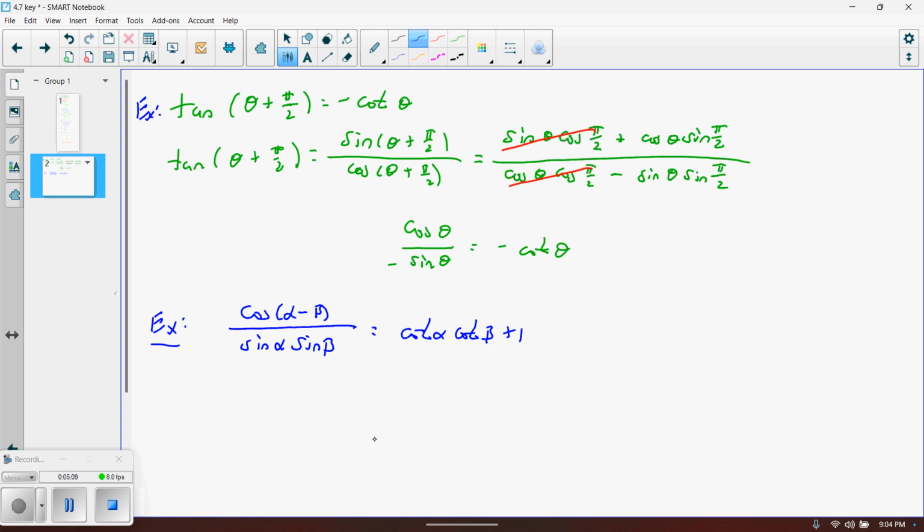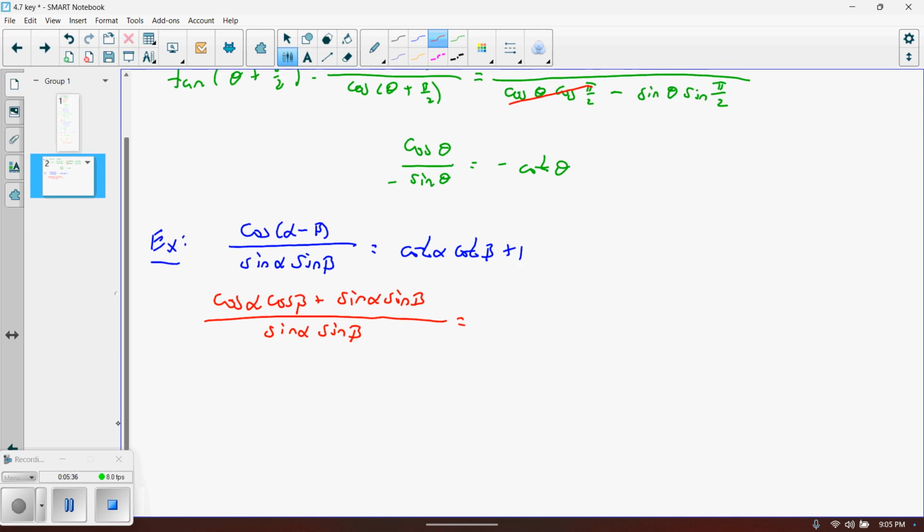So the first thing I see is I've got a cosine of alpha minus beta. Let's literally just write out what that is. So again, it's cosine of alpha, cosine of beta, and because it's a minus sign, we change it for cosines. And then it'll be sine of alpha, sine of beta. All that is over top of sine of alpha, sine of beta.